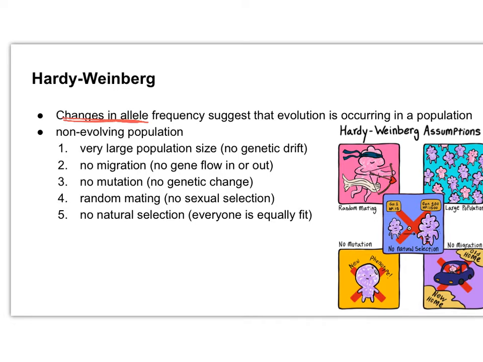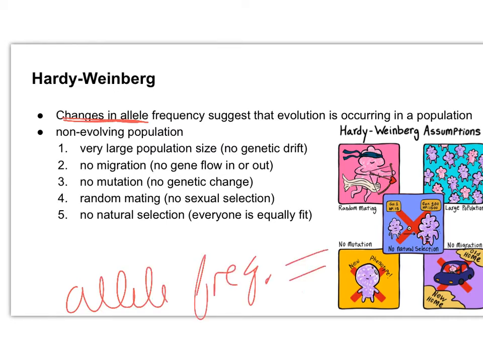So Hardy Weinberg equilibrium is in place for a population that is not evolving. So if the population is not evolving, then that means that the allele frequencies over time stay the same. They don't change.